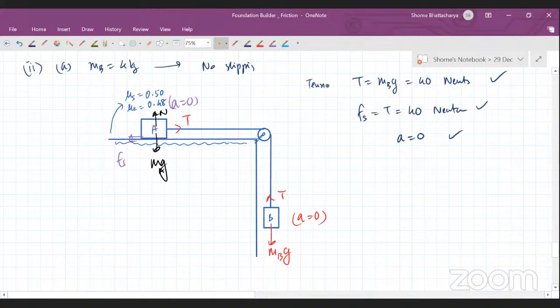Tension, friction, and the friction will be static in nature, and acceleration. Yes, Ruksar, that is correct.